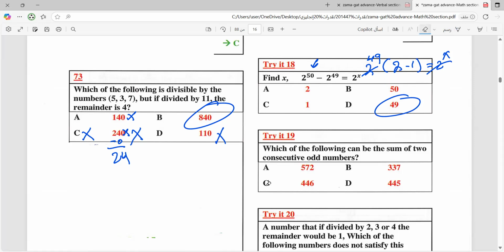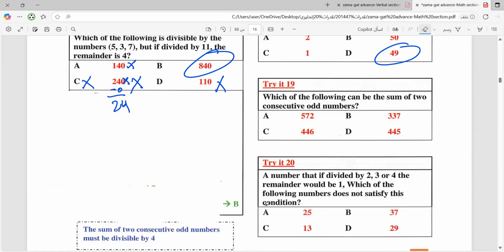Okay, try number 19. Which of the following can be the sum of two consecutive odd numbers? So we divide it by 2. If you divide it by 2, then you get 286.